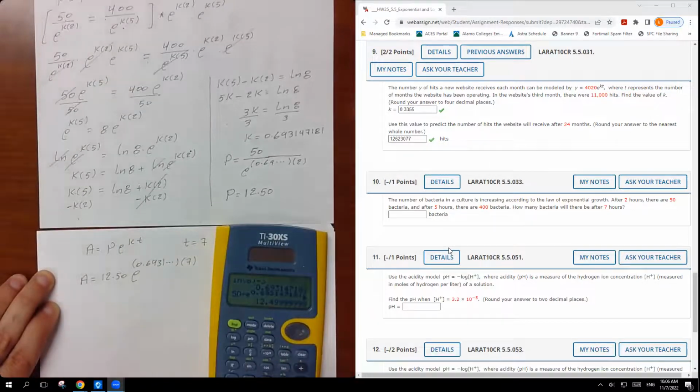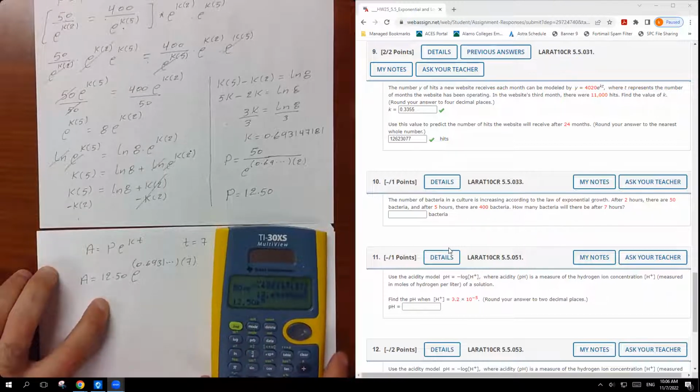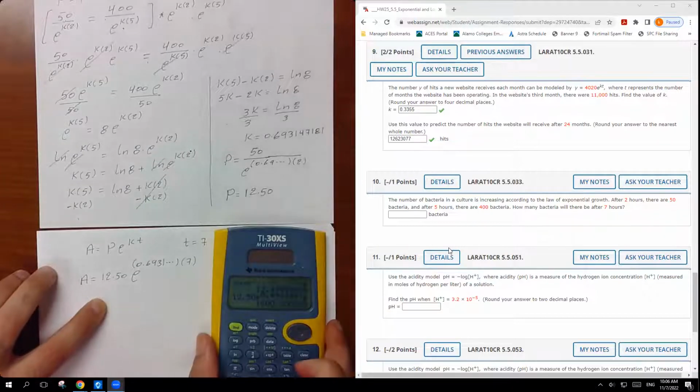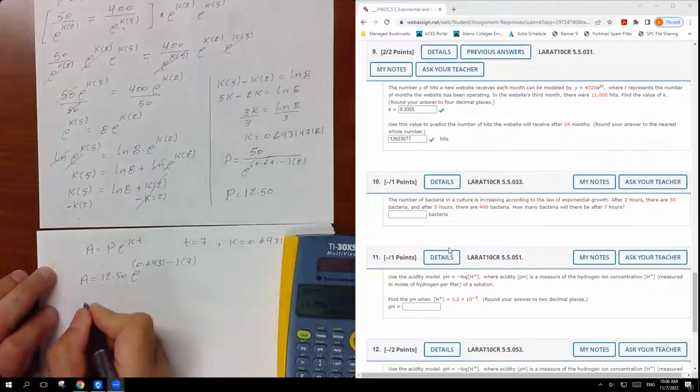So here it is going to be 12.50, not ln, e to the power K, which is this number, times 7, and that is going to be 1600.